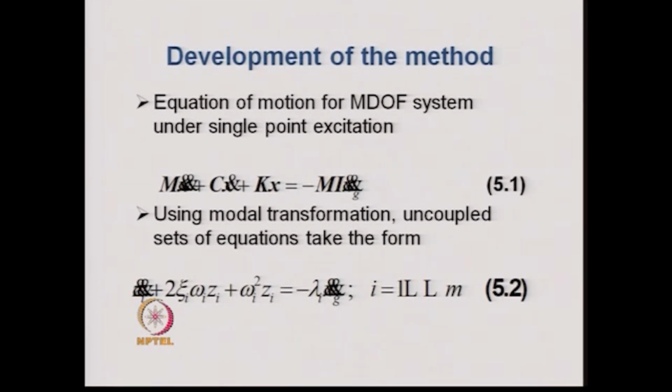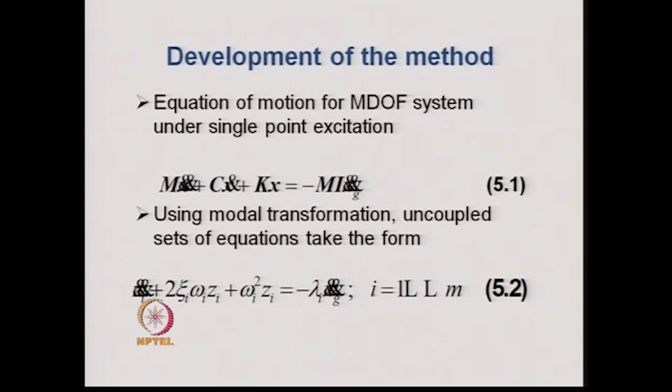That is the ith modal equation, and the number of modes that is considered is equal to m. So, therefore, I varies from 1 to m.